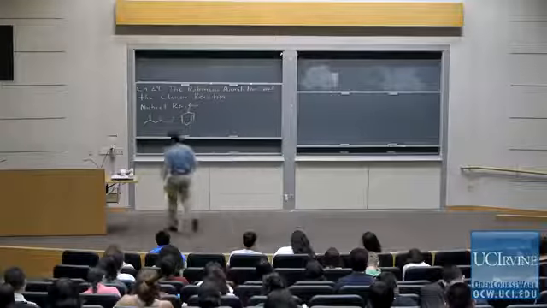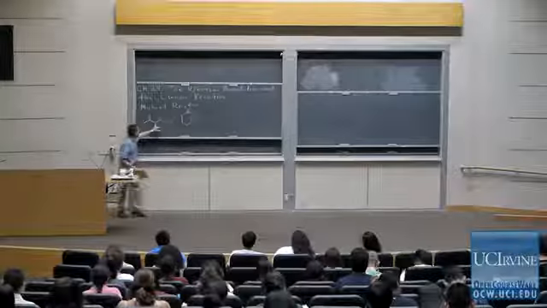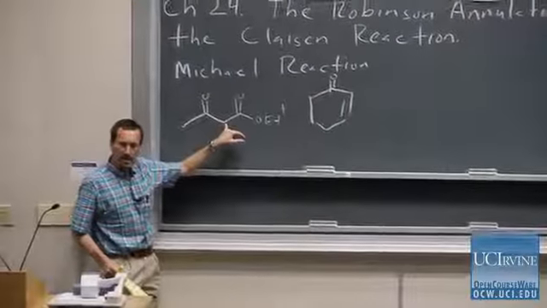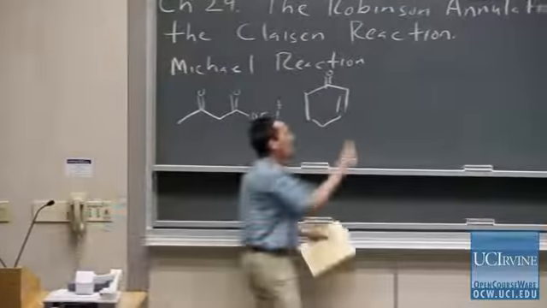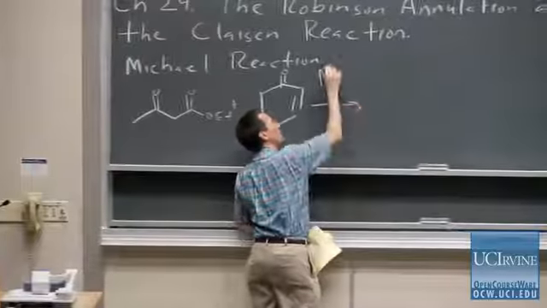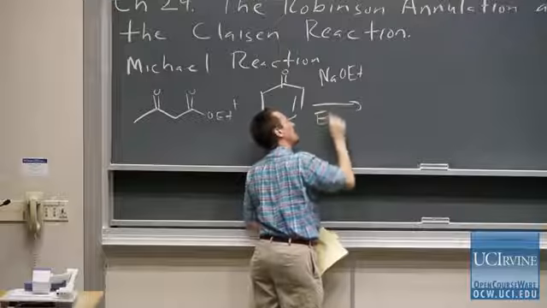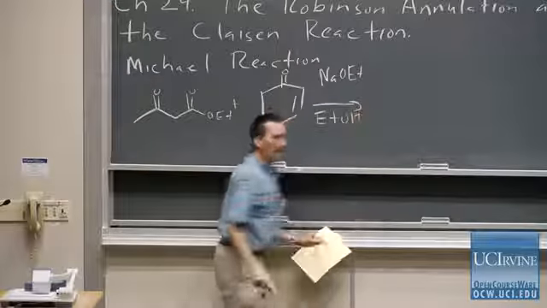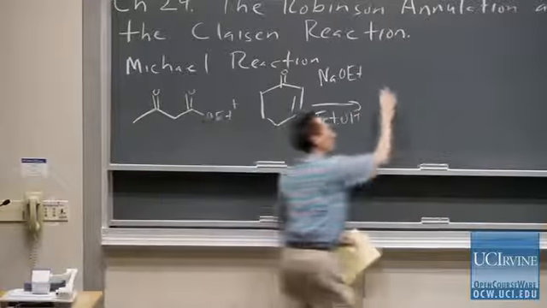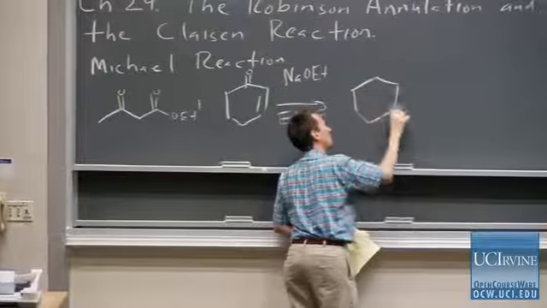In the presence of something that allows us to make an enolate, in this case one of our two favorite bases we've been seeing again and again, sodium ethoxide in ethanol, we end up with a 1,4 addition of the enolate to generate a new enolate.